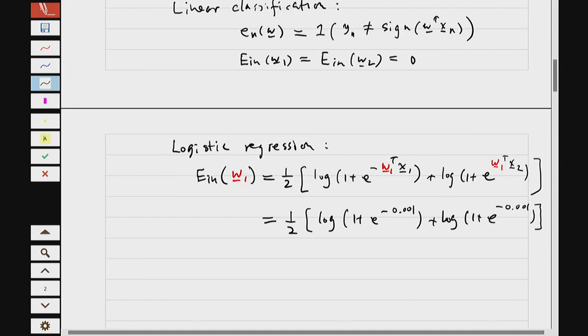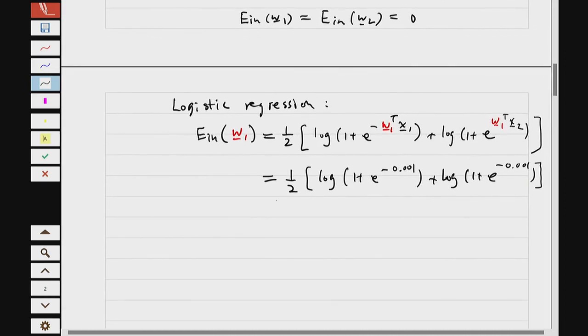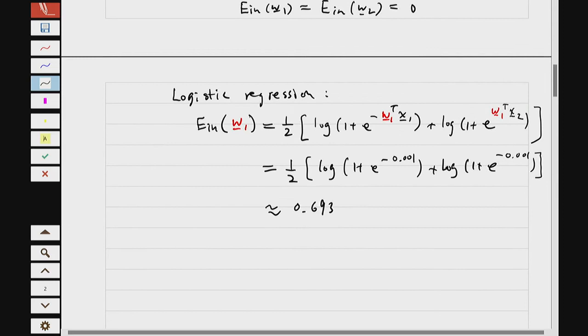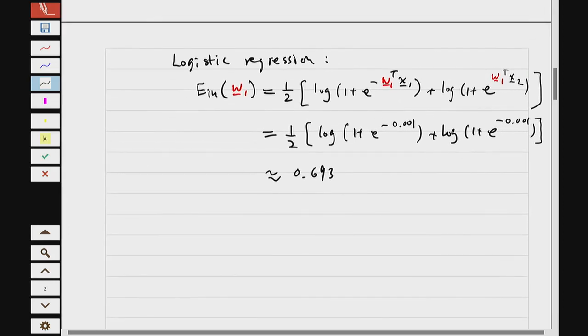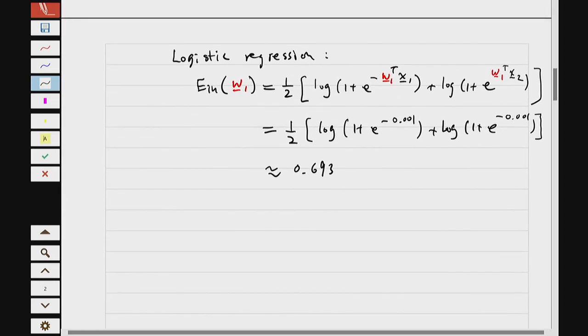Above in the first line there's a sign change for the two different terms, but in the second line both of them have negative in front, because now you have x2 instead of x1. Be very careful about these signs. A little error with the signs, you get maybe 0 in your exams. So this turns out to be approximately 0.693. That's the error amount for the first line, the red line.